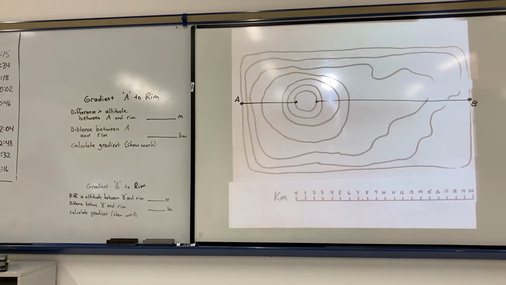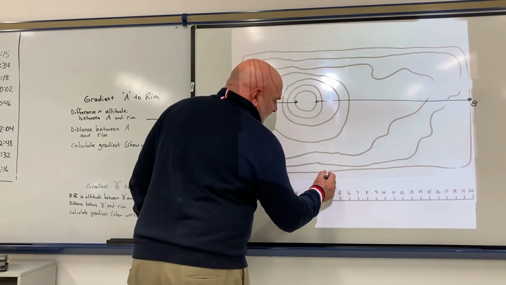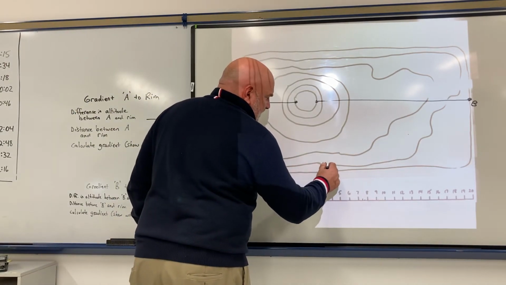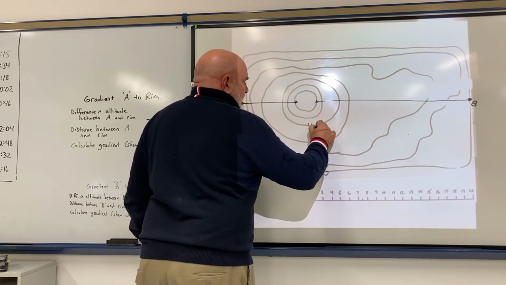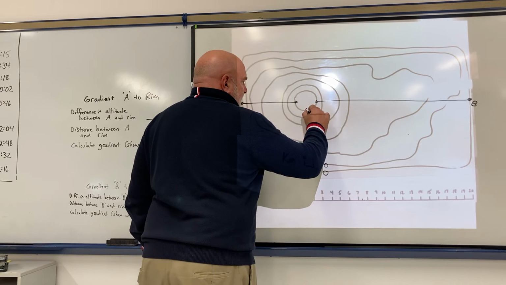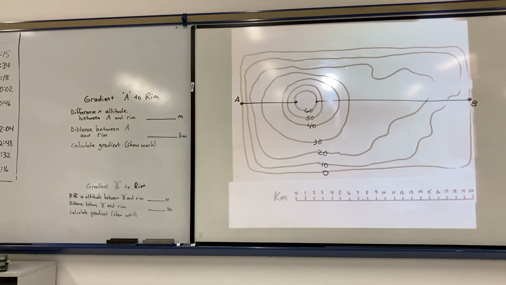So what we want to do first off is label our contour lines going up by 10s. So here's 0, 10, 20, 30, 40, 50, 60. All right. So I have my contour lines labeled.